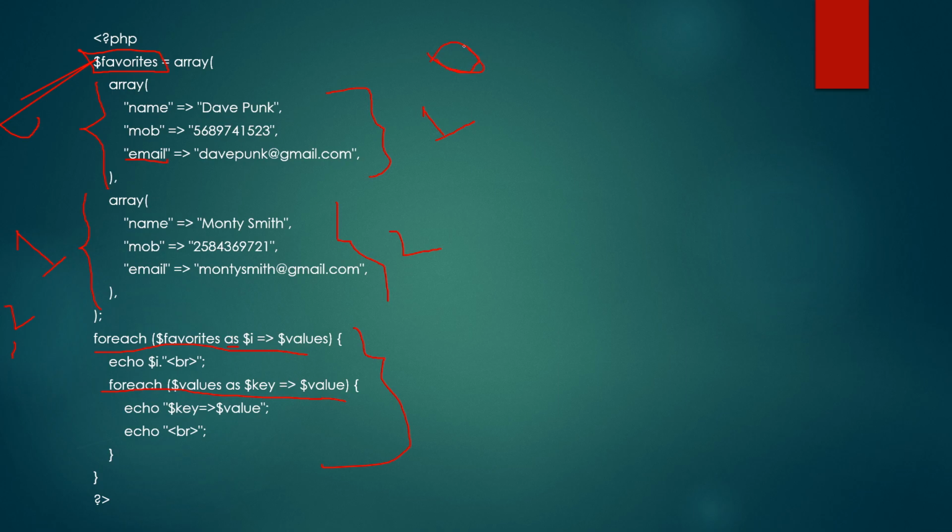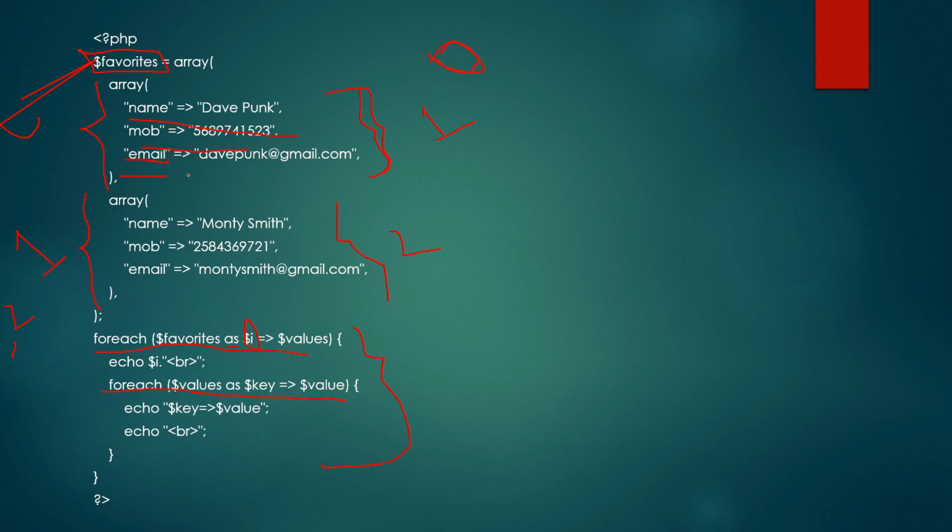But the indexing starts from 0. So this $i will hold this index. Basically it will tell which array we are currently using, using indexes. And values means what all properties it has, so these are known as its properties.